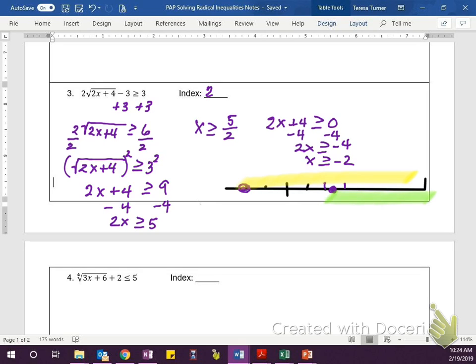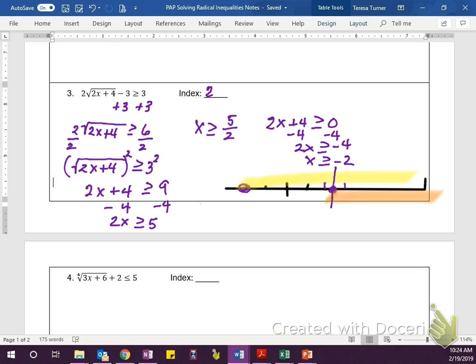So where they overlap, oh, those colors still look too much alike. Try that one. Oh, still look too much alike up there. Okay, where they overlap, that's where your answer is.